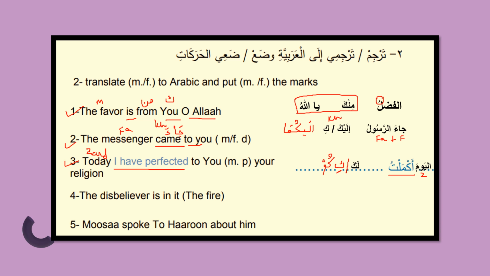Anything you can add. Lakum and your religion. So your religion will be male plural as it is given here. So we can take Deenakum. Deen is religion, so you can take it as Deenukum. Okay, Deenukum.